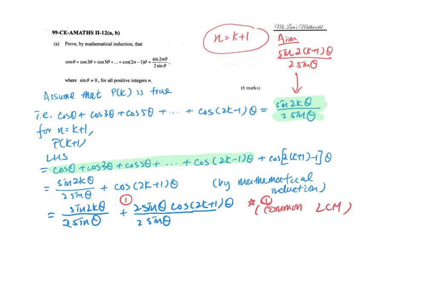After point number 1, you will need to think about how to simplify these two terms. This is one term, and this is a product. If you have a product, then we need to change it, that means we split it into two different parts. We are going to use the product to sum formula on sine theta cosine (2k plus 1) theta.